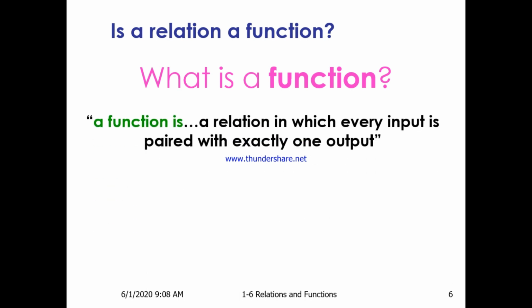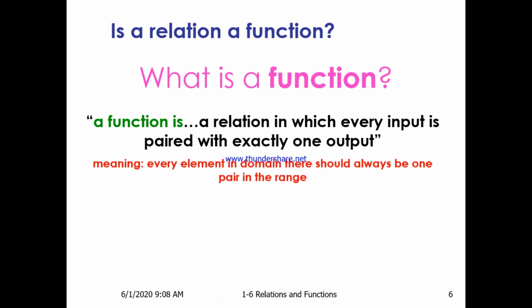A function is also a relation, meaning a function is a relation in which there is a restriction: every input is paired with only one output. Meaning, every element in the domain should always have one pair in the range.